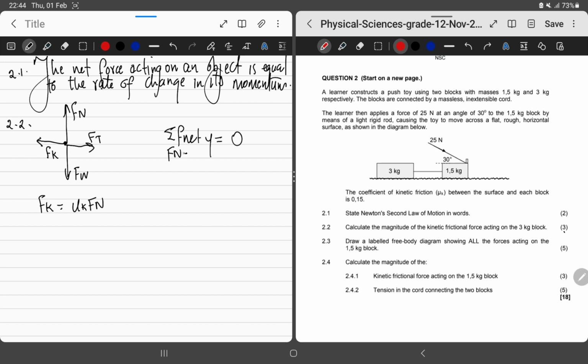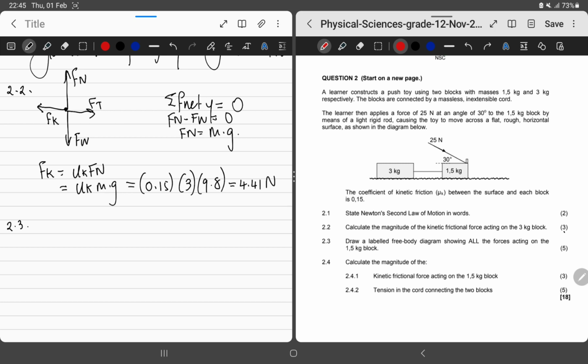Normal force minus Fw is equal to 0, so the normal force is the force of weight, which is m multiplied by g. So this is μ m g: 0.15 times 3 times 9.8. So this is 4.41 newtons.